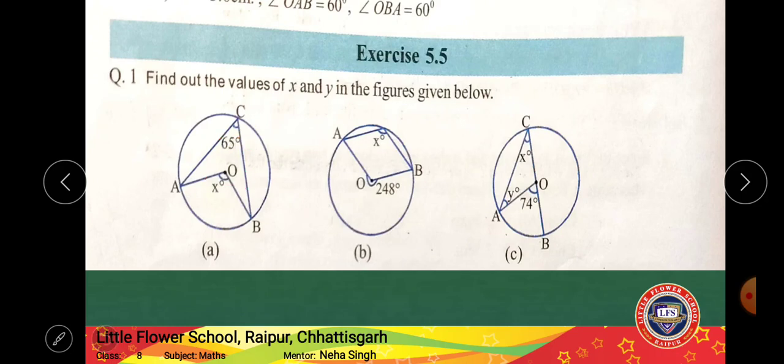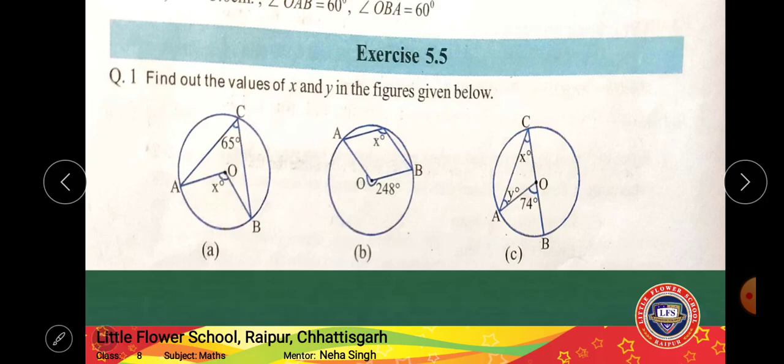O is the center of the circle. This is the angle subtended at the center, x, right? We know the value of the angle subtended at the arc, which is given as 65 degrees.